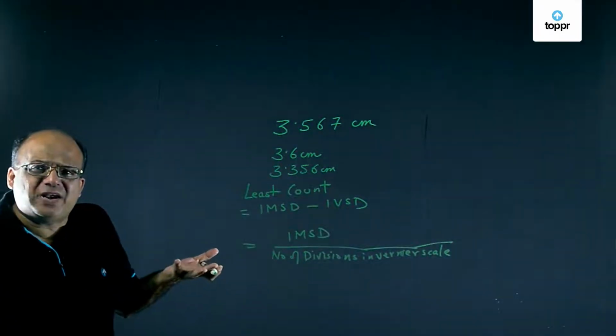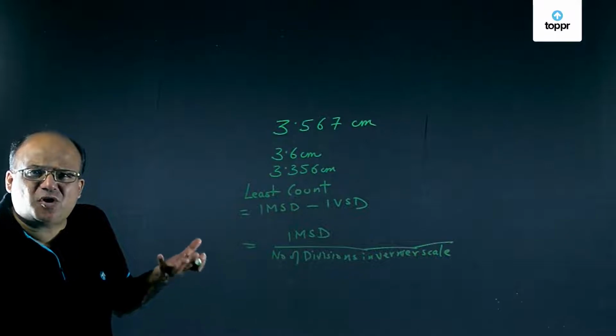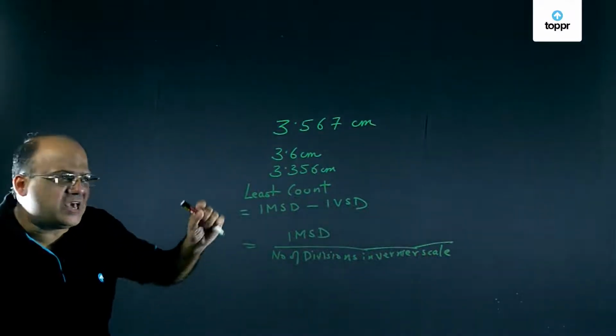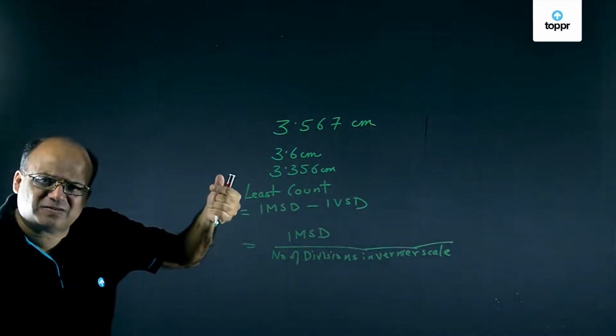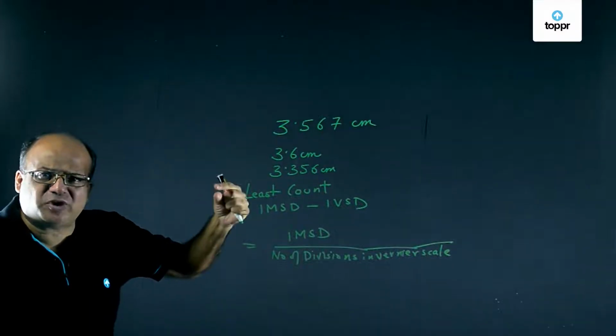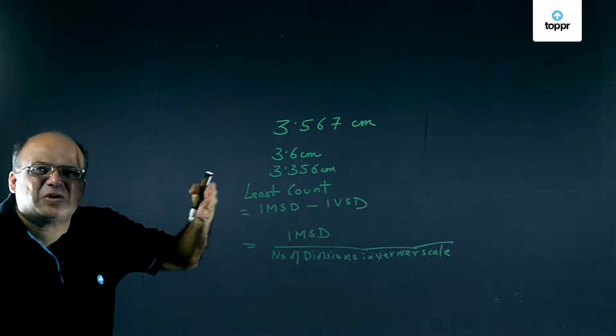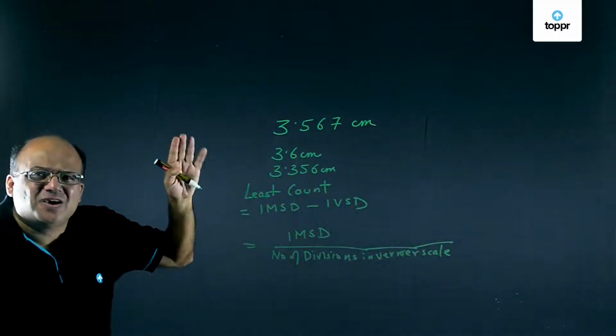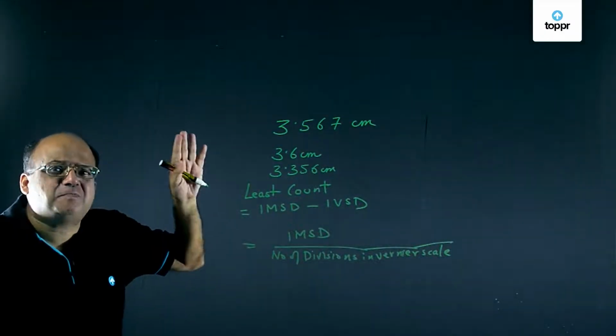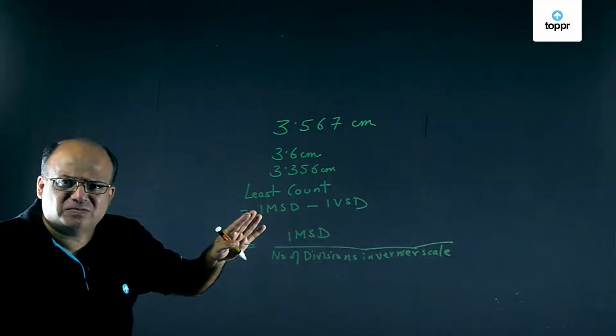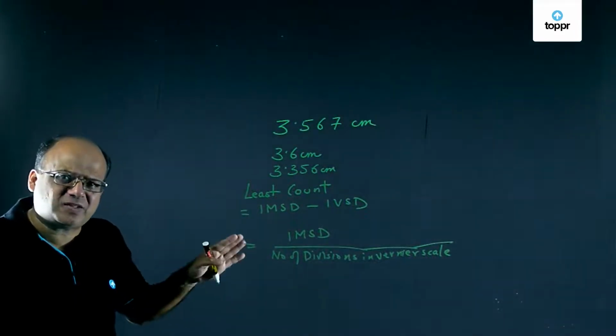Now, how to find least count of a screw gauge or a spherometer. There you have got a screw that rotates. In one full rotation, the screw travels some distance, typically 1 millimeter. So that is known as pitch of the screw gauge. How to find least count?